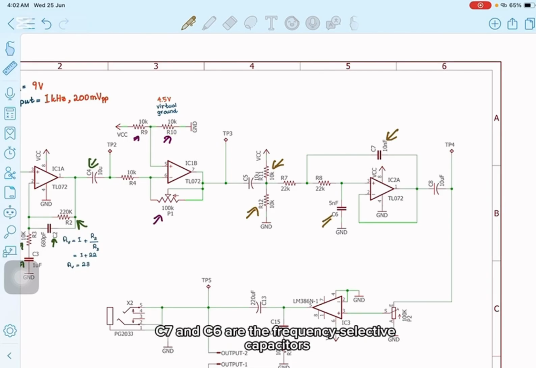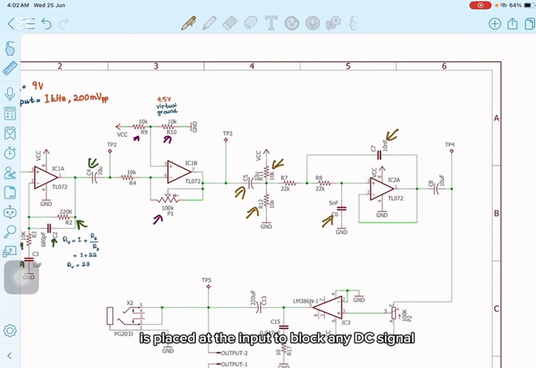C7 and C6 are the frequency selecting capacitors. The cutoff frequency is designed to be around 1 kHz. Again, C5 is placed at the input to block any DC signal before it enters the filter stage. This filter allows low-frequency components like heartbeat sounds to pass through while attenuating higher frequencies.